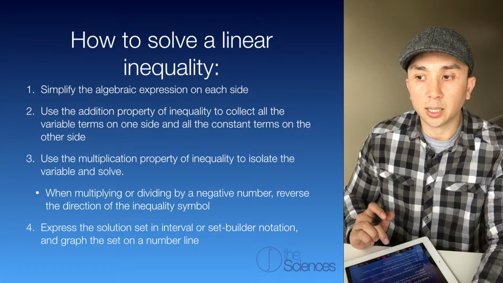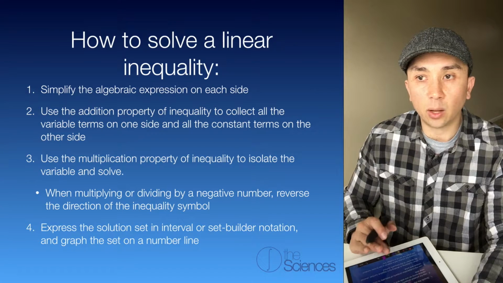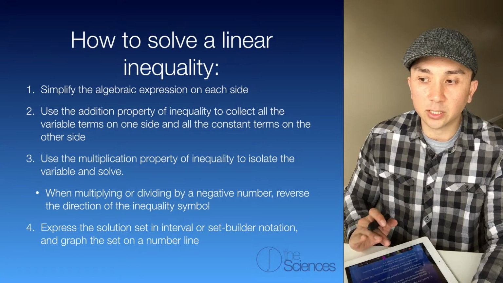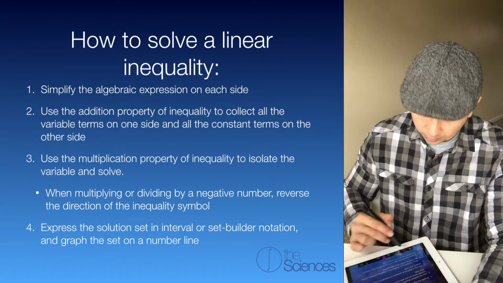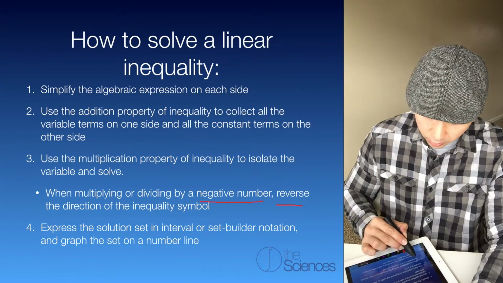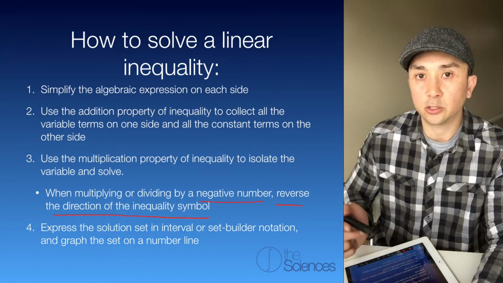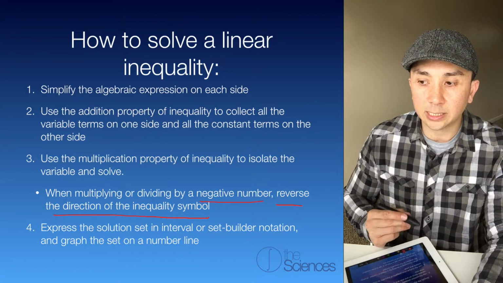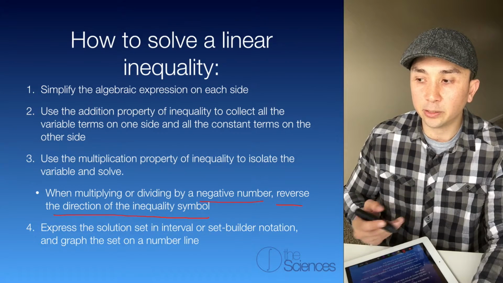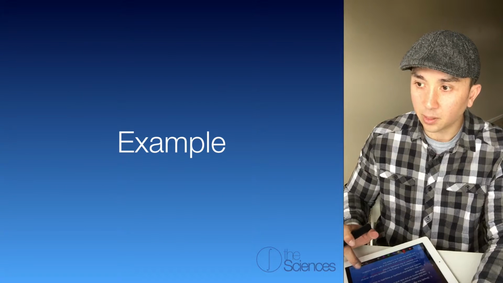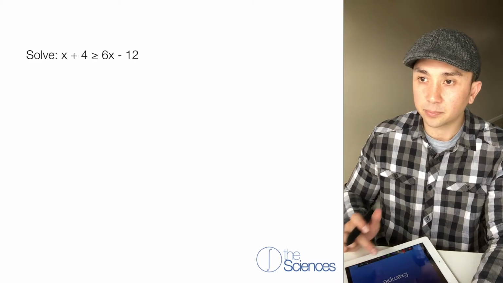Then you're going to use the multiplication property of inequality to isolate the variable and solve the inequality. When multiplying or dividing by a negative number, you're going to reverse the direction of the inequality symbol. So you're going to flip it. And then you're going to express the solution set in interval or set builder notation and graph the set on a number line. So let's do an example.